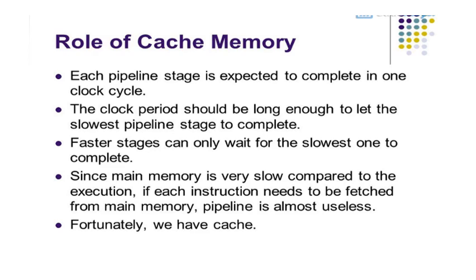The clock cycle has to be equal to or greater than the time needed to complete a fetch operation. However, the access time of the main memory may be as much as 10 times greater than the time needed to perform a basic pipeline stage operation inside the processor, such as adding two numbers. Thus, if each instruction fetch requires access to the main memory, pipelining would be of little value.